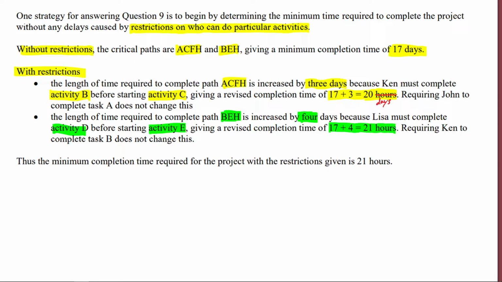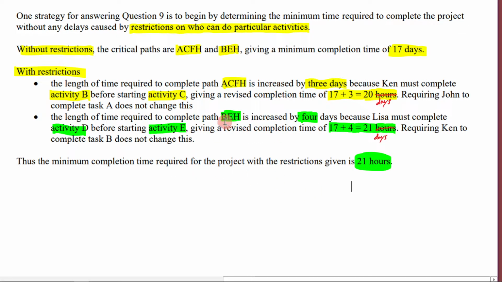That should say days. All right, requiring Ken to complete activity B does not change this. All right, thus the minimum completion time required for the project with restrictions is given by the 21 hours. So it's given by the 21 because remember, you always have to consider the bigger number when you're talking about the minimum completion time. You have to look at the bigger number.